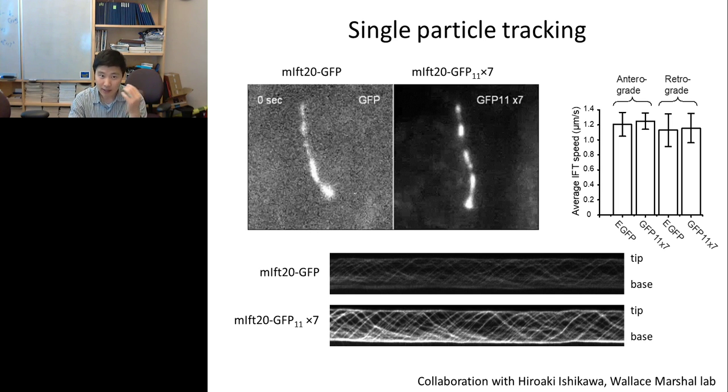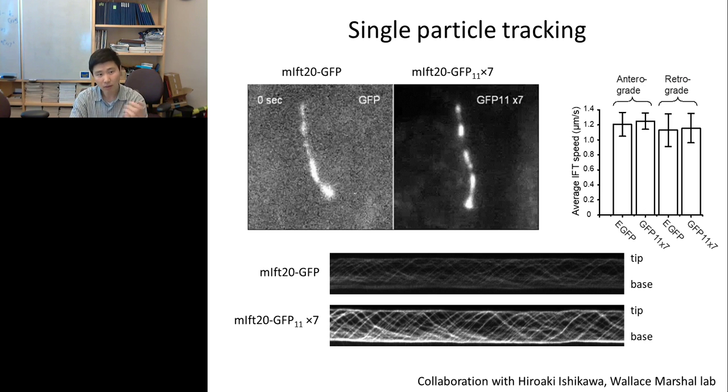And the nice thing is that, at least for this case of IFT20, either with GFP or 7x GFP11, we did not see a significant change in the transport speed of these particles. So it means that the function of IFT20 is not perturbed by having 7 copies of GFP dangling on it. So that will be a pretty easy way of amplifying the signal and improving our detection threshold.